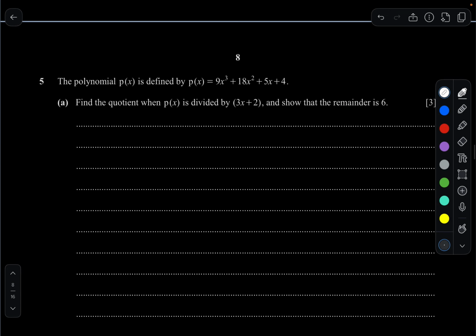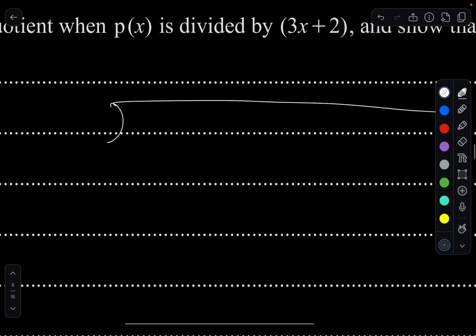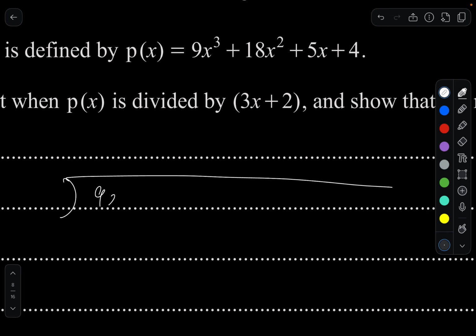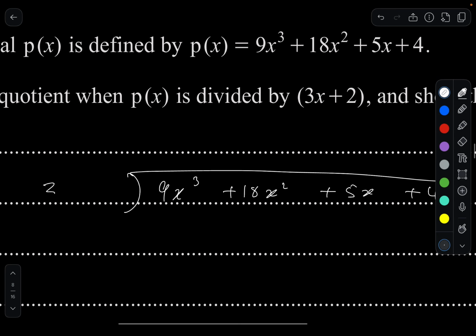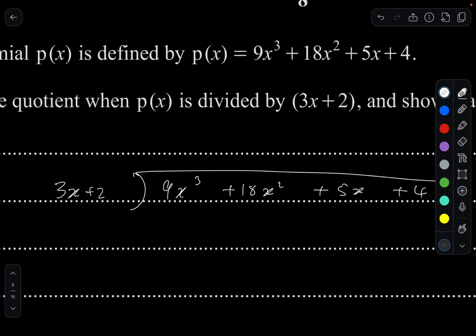Okay, now with this question, we're going to need to do the division. So you have the following, which is 9x to the power of 3 plus 18x to the power of 2 plus 5x plus 4, and now we have 3x plus 2.